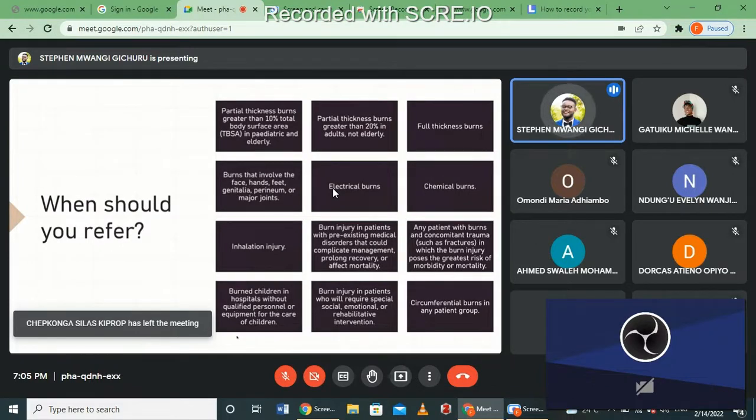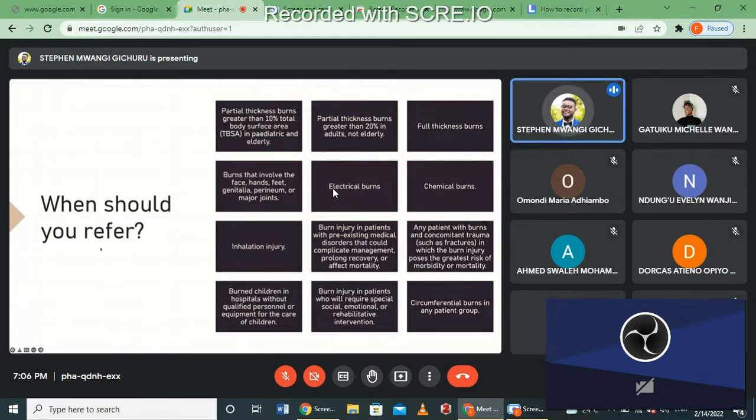So when should you refer? I think you can go and interact with these 12 points. But basically, the point we're trying to make here is full thickness burns and all special burns, which are electrical, chemical, and inhalation, you have to refer to a burn center.